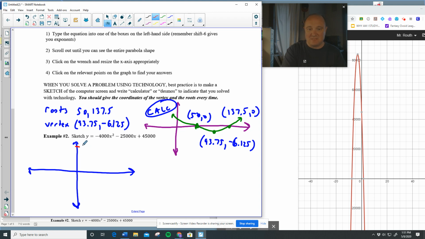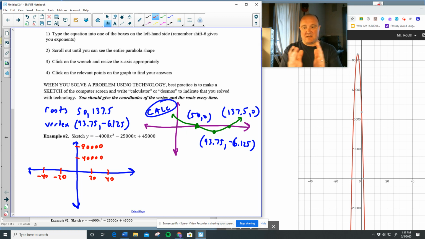I want to get some sense of the scale, so I might write 80,000 and 40,000. And then over here, I might write 20, 40, so that somebody looking at this has a sense that I really have changed the scale from a normal XY scale. I very much pulled it apart and zoomed in, stretched it horizontally with my zoom.